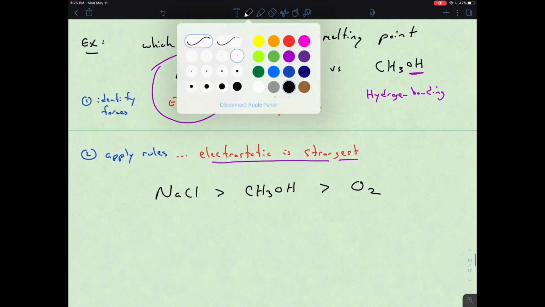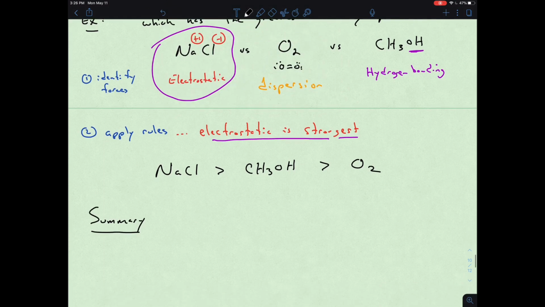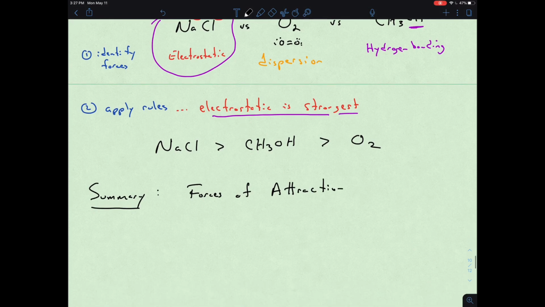So to summarize, in terms of forces of attraction, we have 5. We have electrostatic. With electrostatic, remember we have A, greater charge equals stronger force.